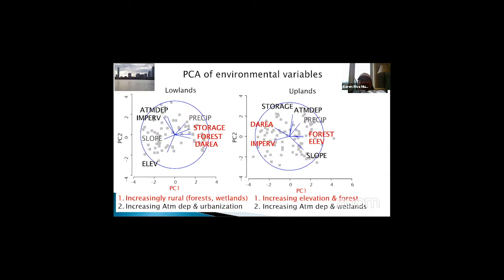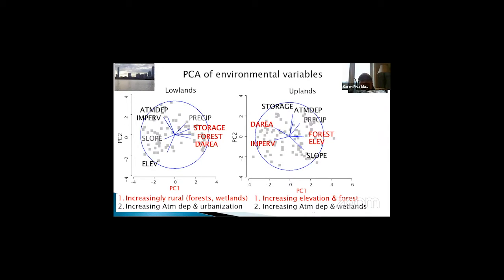And the more forested sites, this goes all the way to 100% forest sites. The secondary axis can be interpreted as a gradient of decreasing channel slope, and increasing atmospheric deposition associated with increasing storage, or primarily wetlands.